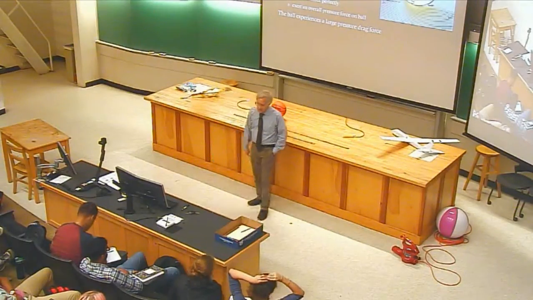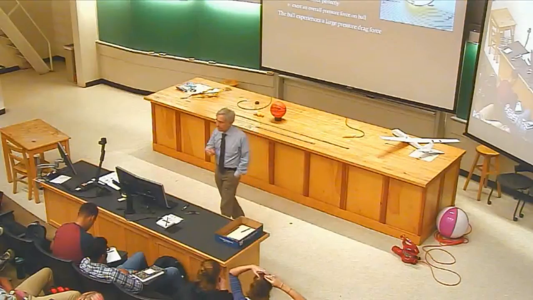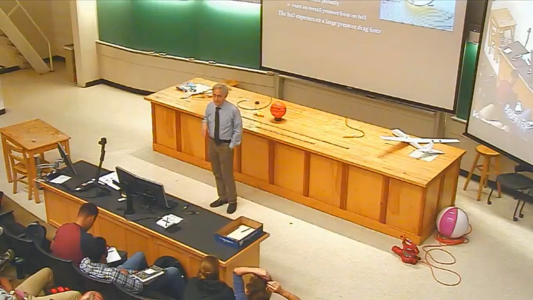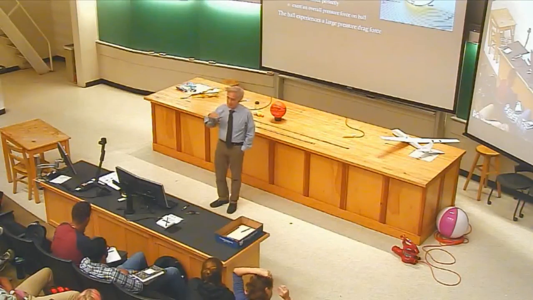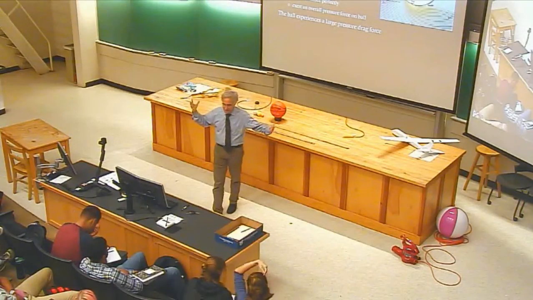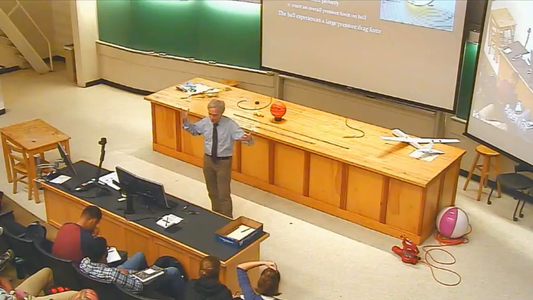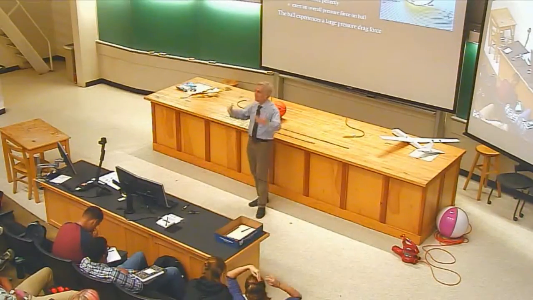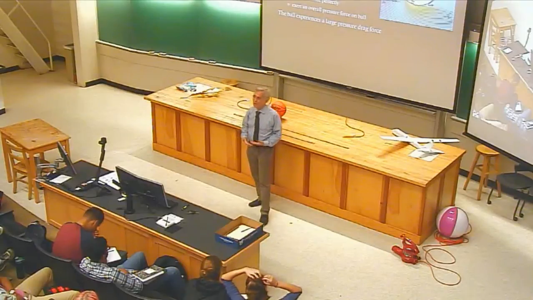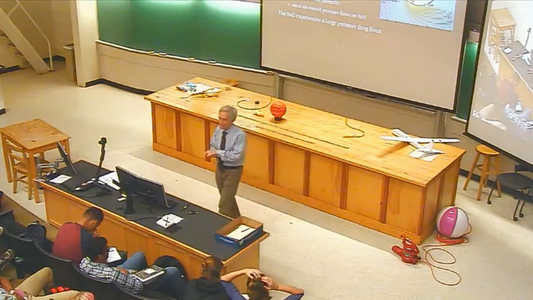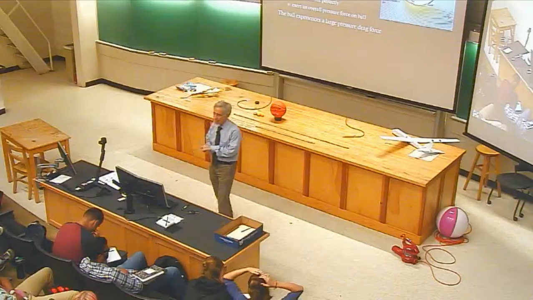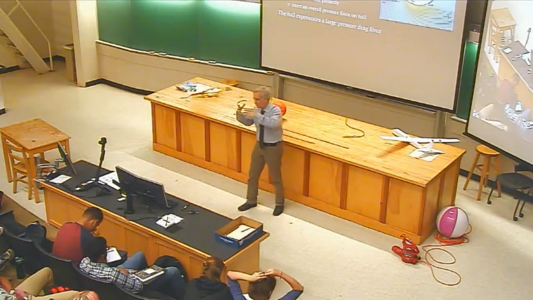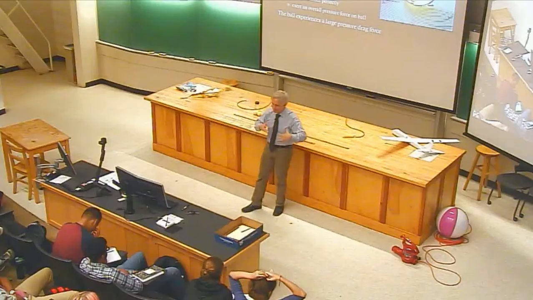Okay. So, looking at airflow around a ball, Reynolds number matters. I hate to say that because it sounds like jargon. Reynolds number is the measure of inertial effects divided by viscous effects.